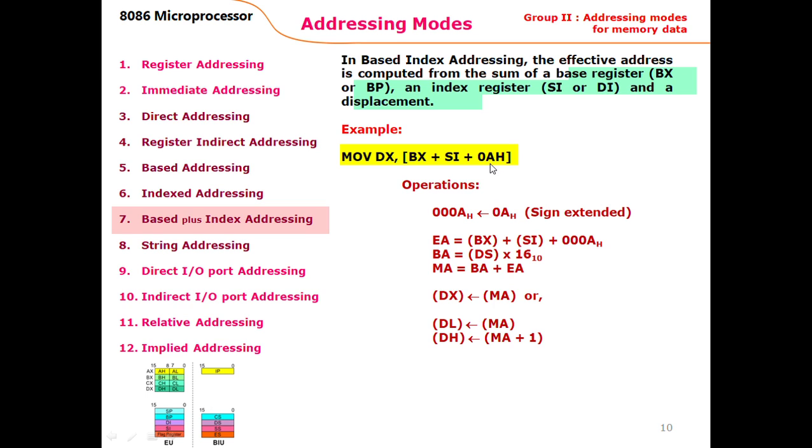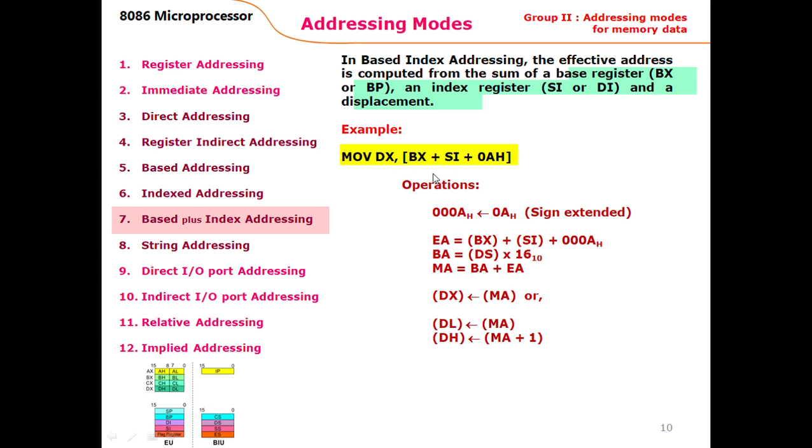These three values are added, and this gives us an effective address, which is again added with the left shifted segment number, and it will give us the physical address.